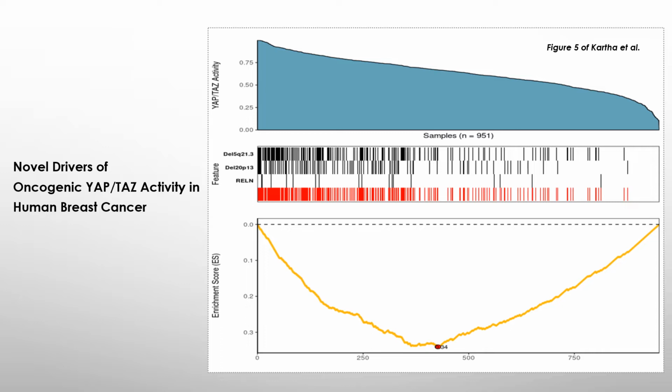The mid panel shows the three genetic features, 2 copy number losses and 1 mutation, as black ticks, and the union meta feature as red ticks. Finally, we use a KS-based scoring function to score this dataset. The bottom panel shows the mountain plot of the enrichment score corresponding to the red meta feature. In other words, CaDrA finds the combination of 2 deletions and 1 mutation to be the best predictor of YAP/TAZ activity in the BRCA dataset, which suggests they may be important drivers of this molecular phenotype.